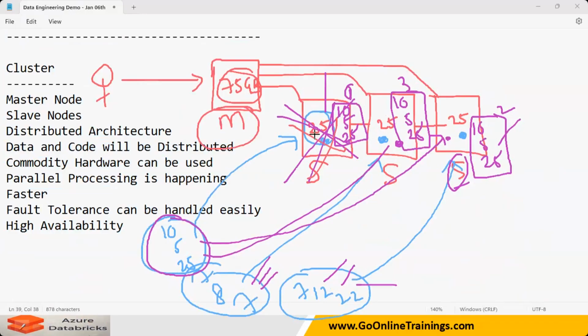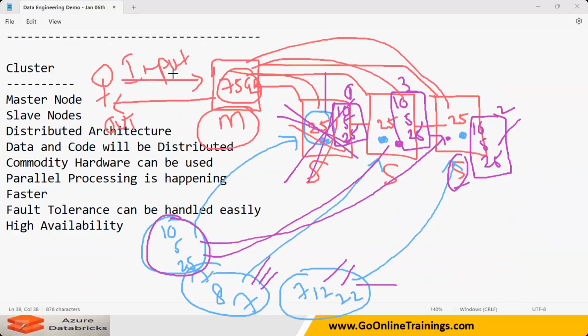Clear? So when the work is done, the slaves give the results to the master node. Whether you process the data or clean the data, you will get the output here, right? You will give the data and you will give the program. I want to either clean the data, or after cleaning, I would like to aggregate the data.